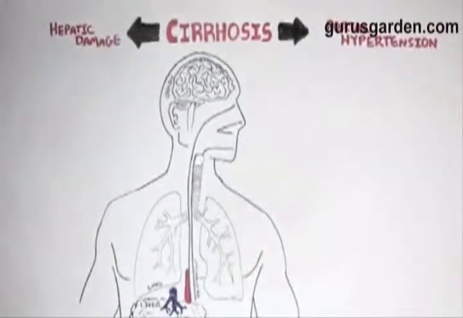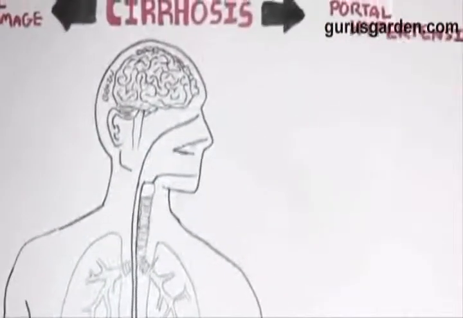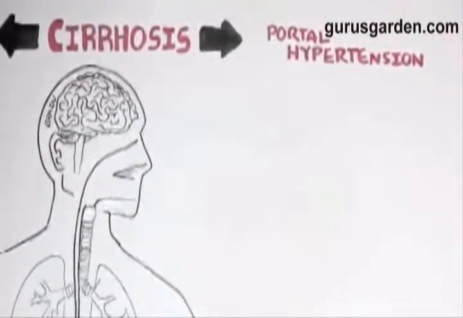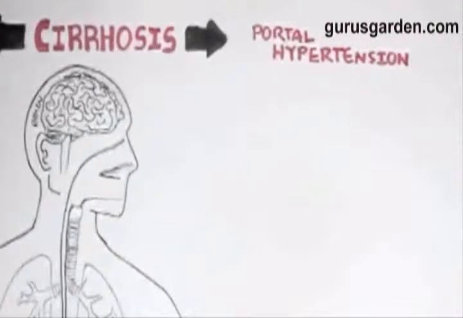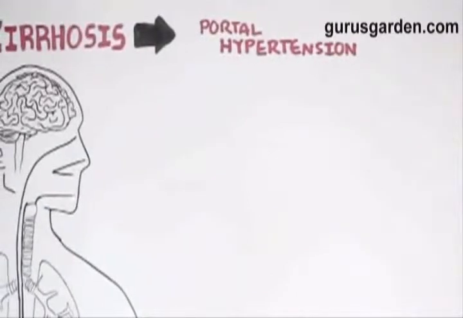The splenic vein also normally carries blood to the liver via the portal vein, and so portal hypertension can cause blood flow back to the spleen, causing enlargement of the spleen, also known as splenomegaly. So the splenic vein joins to the portal vein. Increase in pressure in the portal vein, as in portal hypertension, will cause blood flow bypass back to the spleen.